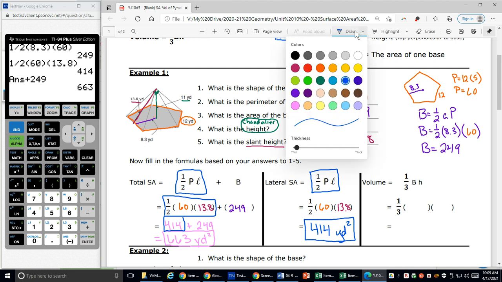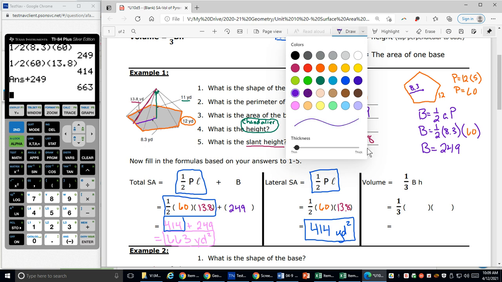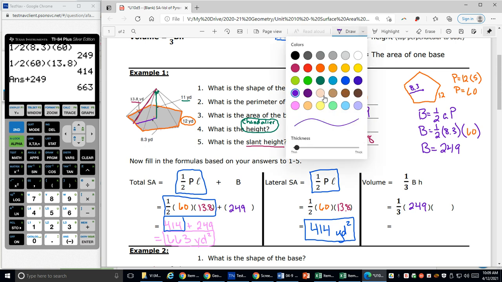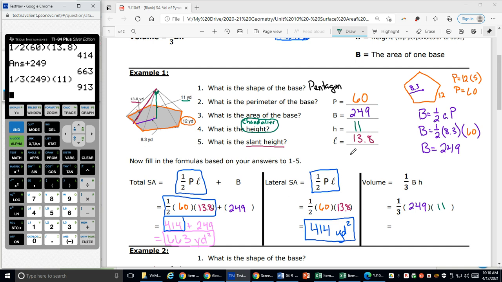Okay. Then last but not least, we're going to look at the volume. My volume is 1/3 base times height. My base was 249, and my height was 11. So this I can put in my calculator. 1/3 times 249 times 11 is 913.